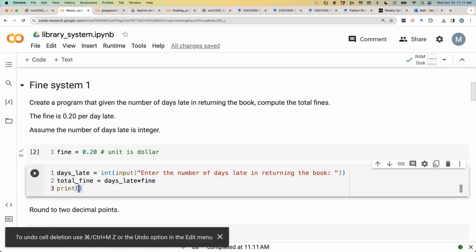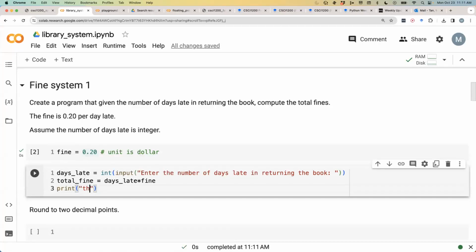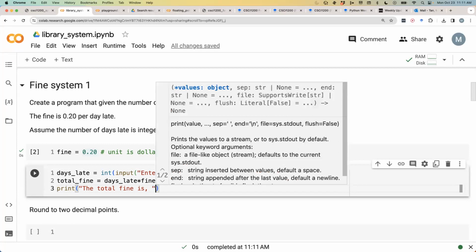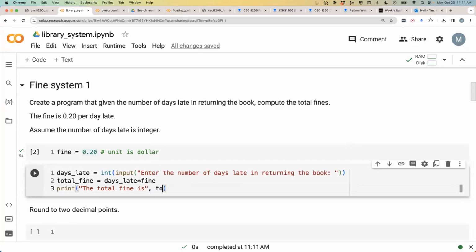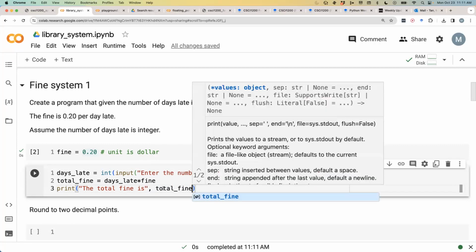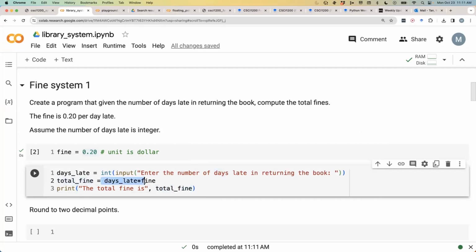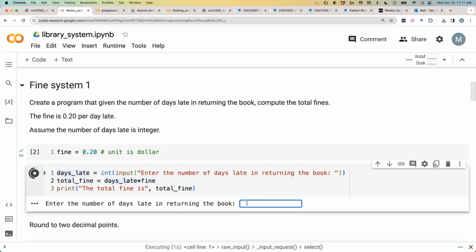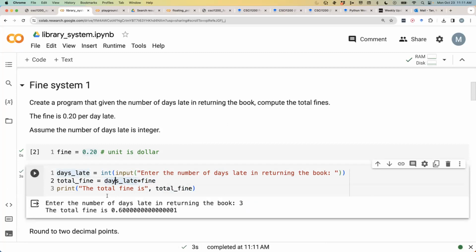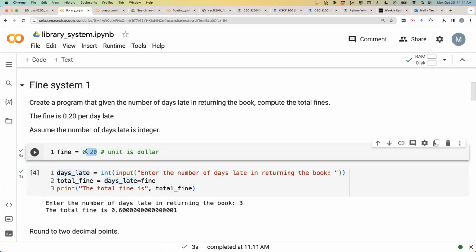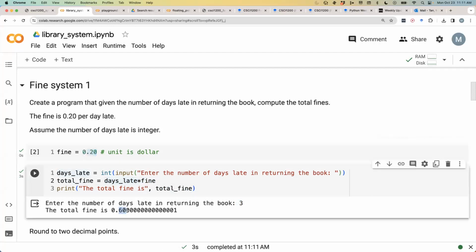Then you can print the total fine is the value of total fine, which is the variable that we use to store the result of the computation of days late times fine. So here's an example, say 3. Then we get 3 days late, and each day you incur 20 cents. So in total, you incur 60 cents of fine.